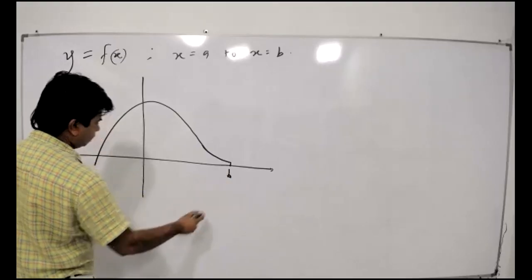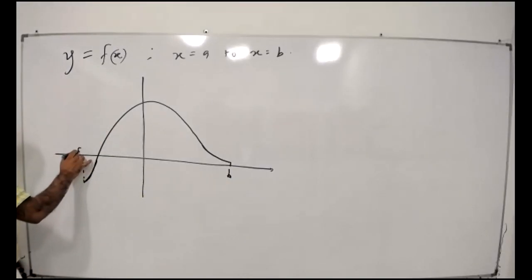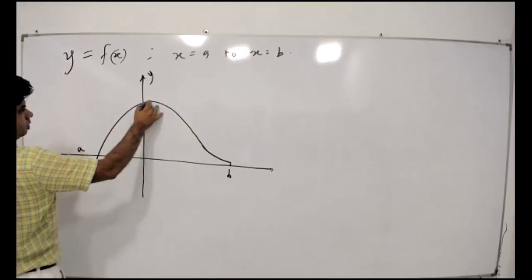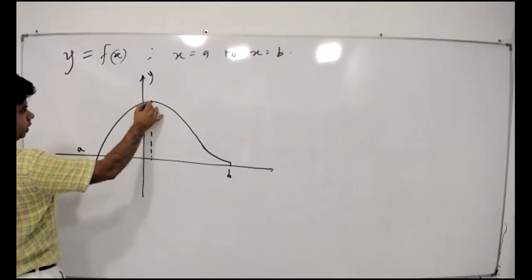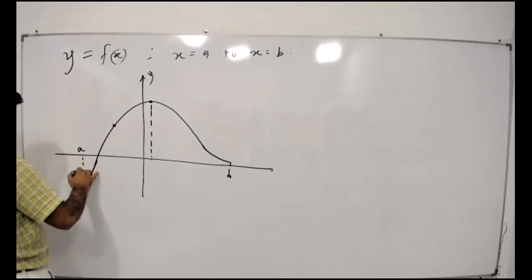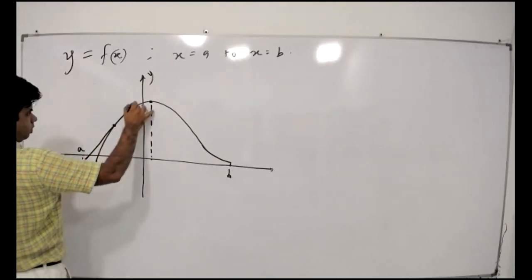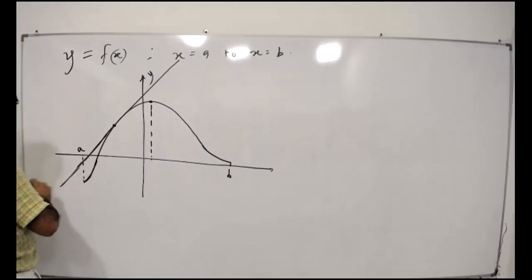I take this value as b, and this as a. I take this as another value, and please draw a tangent in this range. Now, this is a common property for any function.